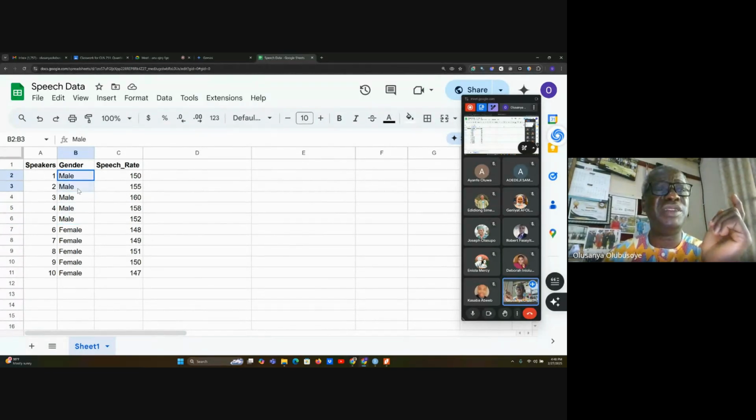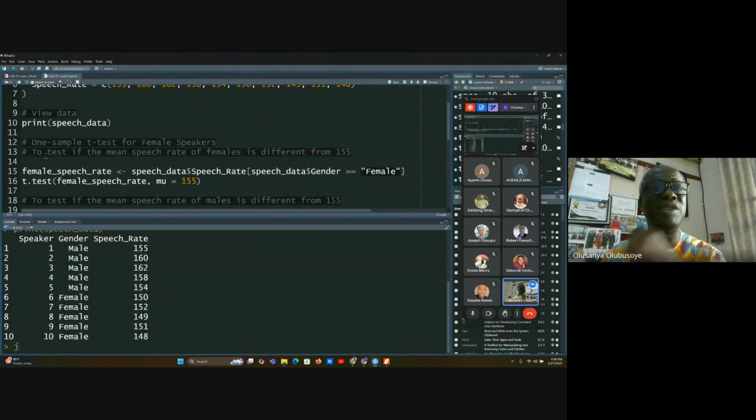It could be the male group or the female group. We are starting with the female group, and we want to test if the mean speech rate of the females is different from 155.